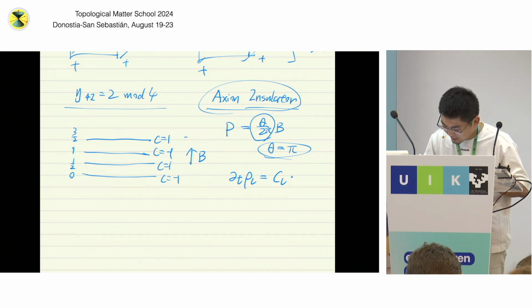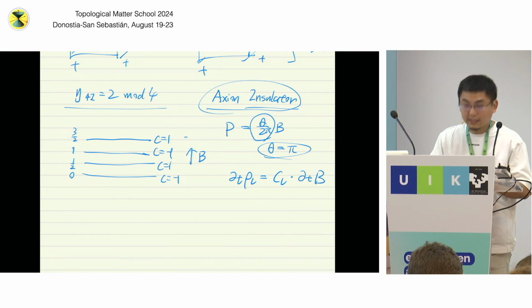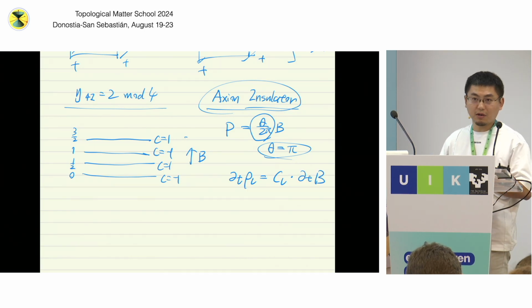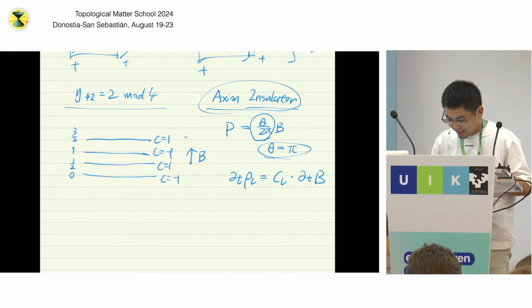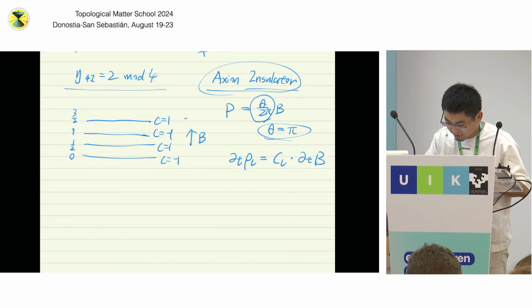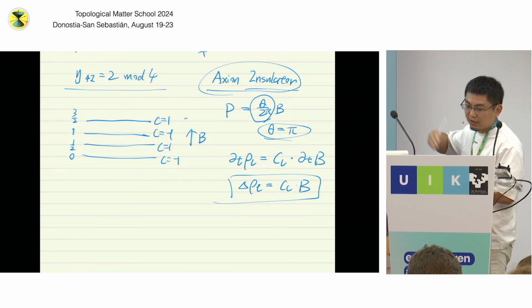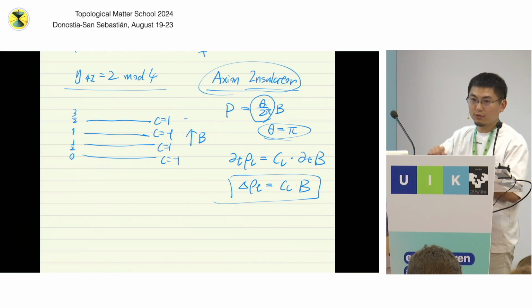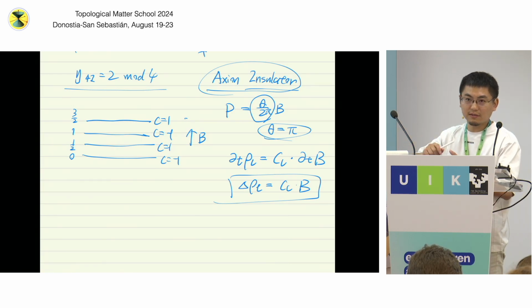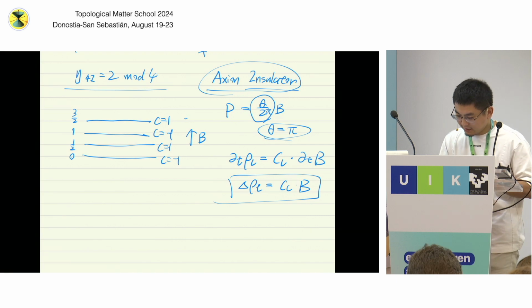So C_L times partial t B. So this C_L is the Chern number of the layer L, and if you do the integral along time, you obtain this, right?